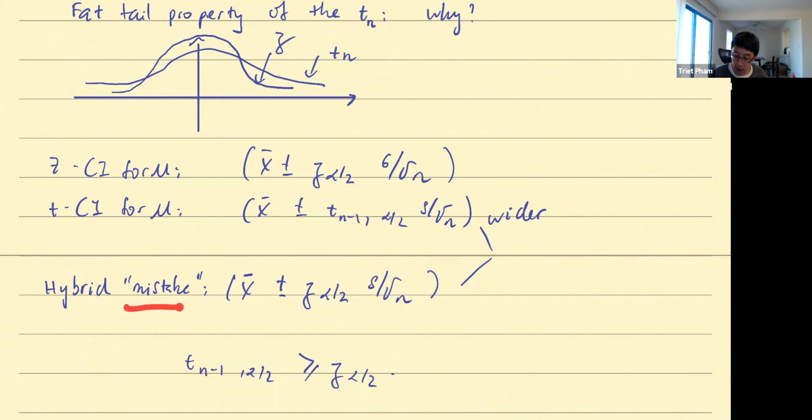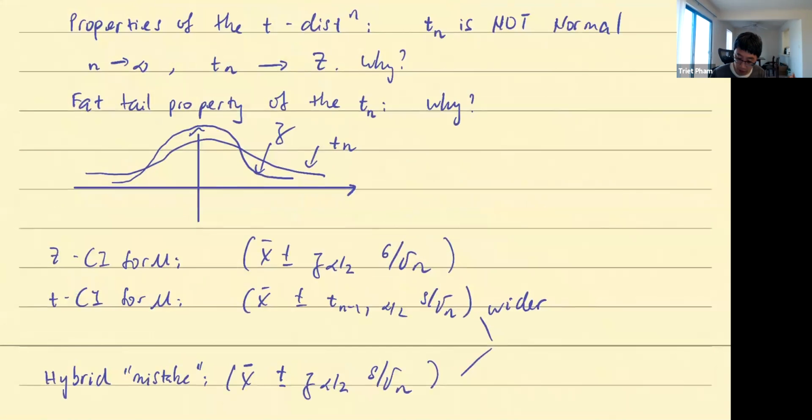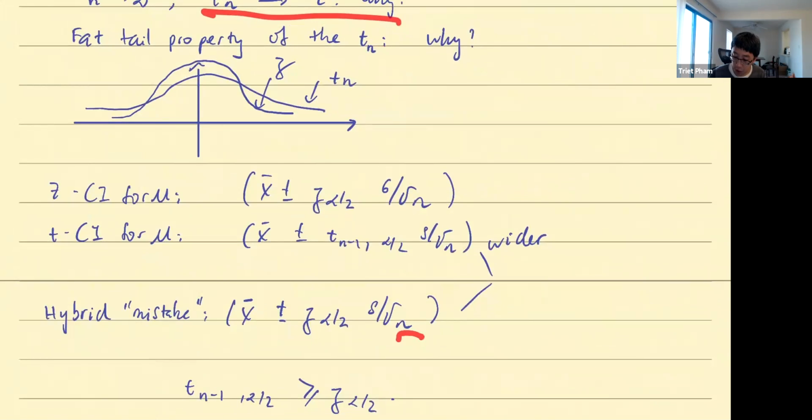Now I put mistake in quotes. The reason is this mistake has a degree of severity. In other words, because of exactly this result, if your n is large, then this mistake is really minor and maybe you won't even see it.